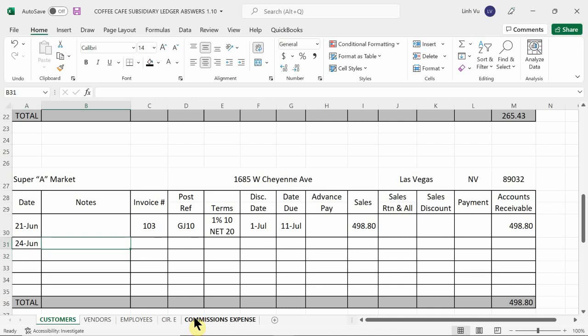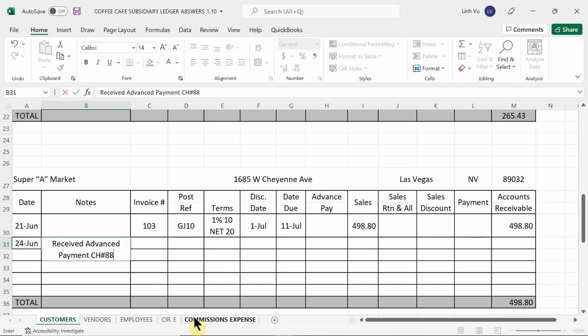They wrote us a check, so you could say that we received an advance payment. Check number 844. Or was it 884?